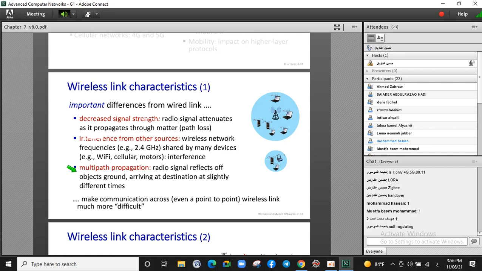So multipath propagation is one of the main challenges in wireless nodes, because different objects in my network can reflect.